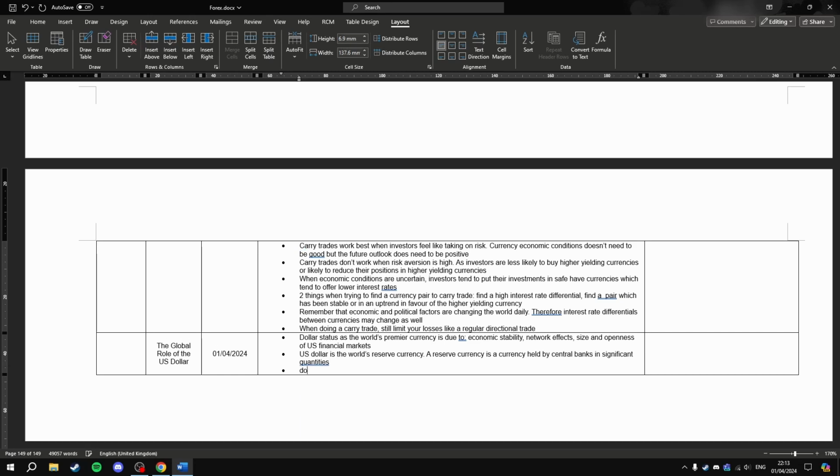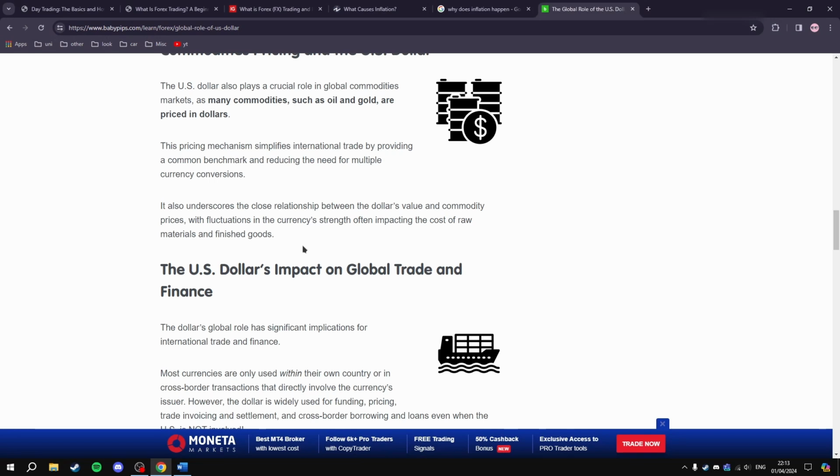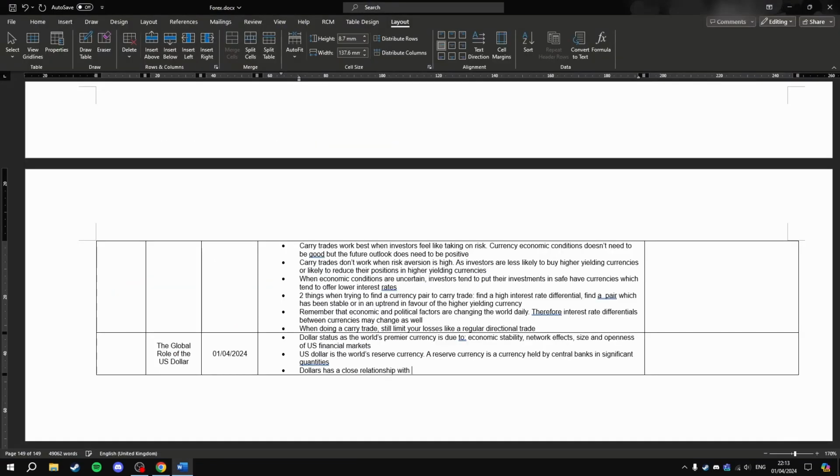So the dollar has a close relationship with commodities such as oil and gold.